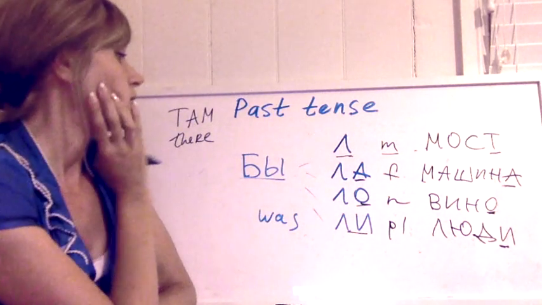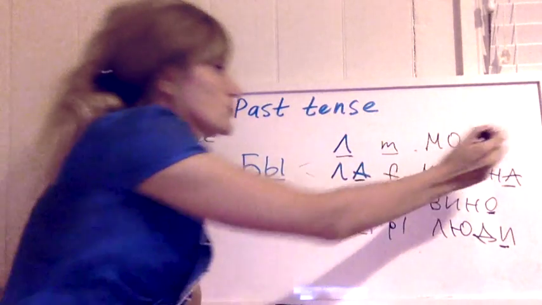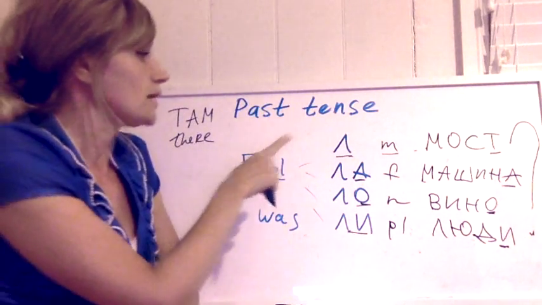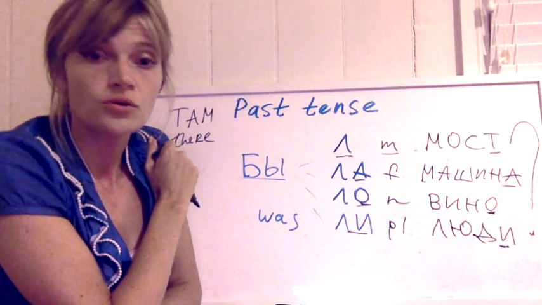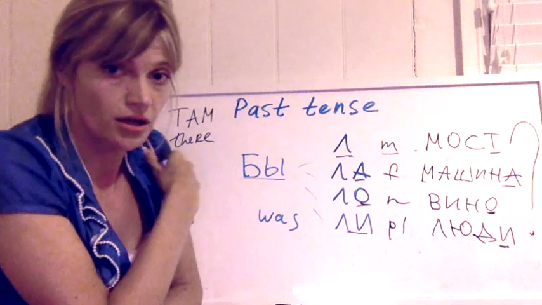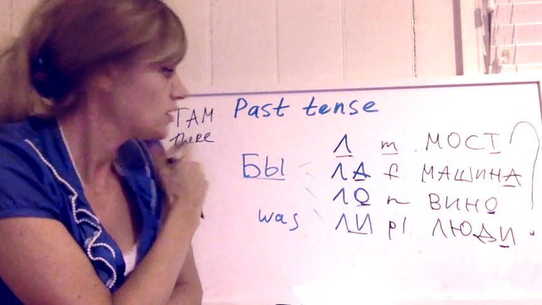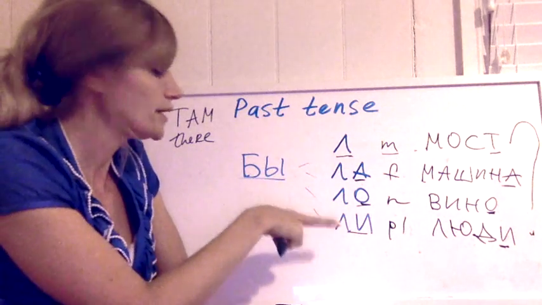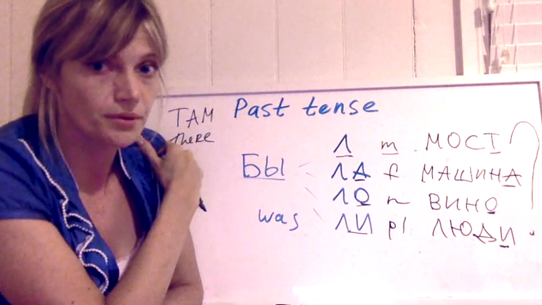Okay, now you can actually make a question. Let's put a question mark and make a question. Там был мост? Was there any bridge? Там была машина? Was there a car? Там было вино? Was there wine? Там были люди? Was there any people?